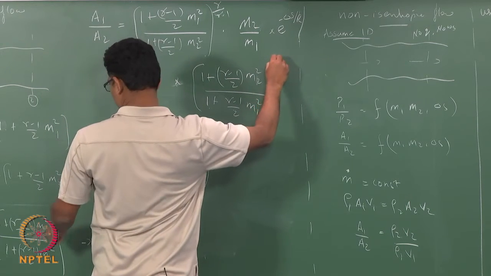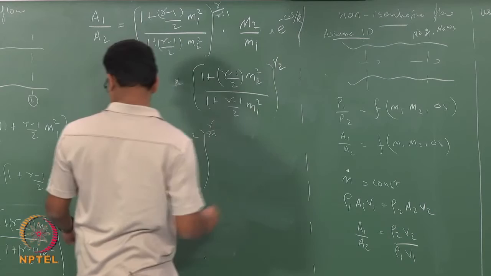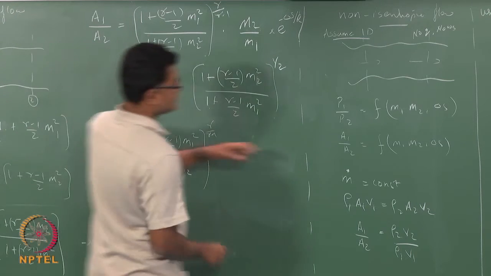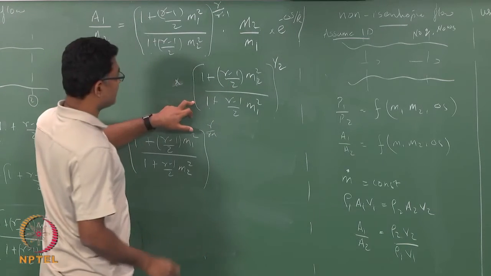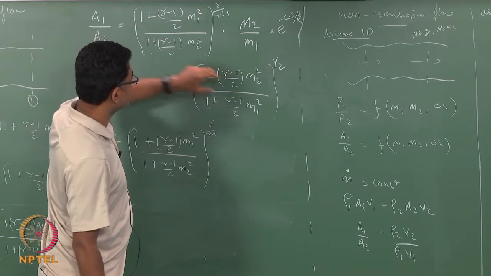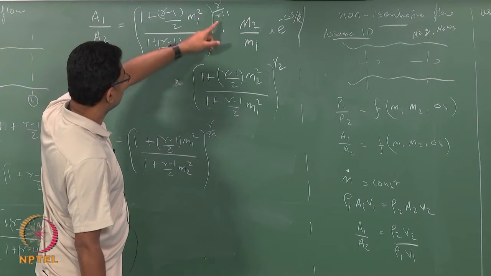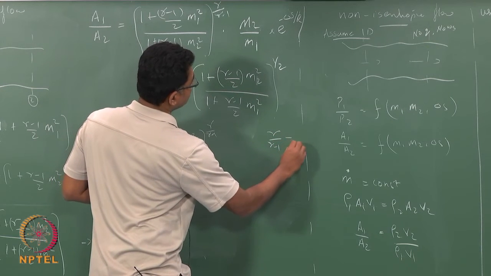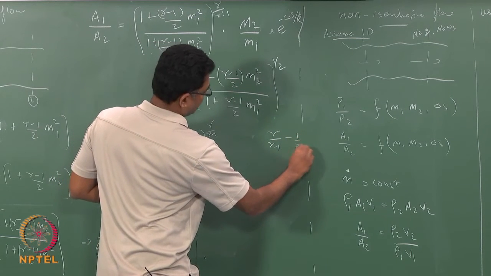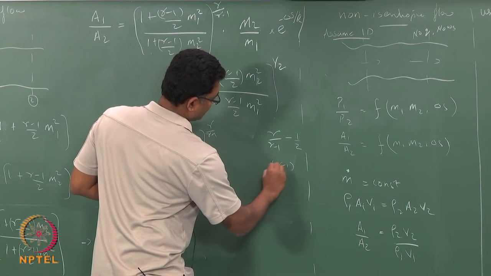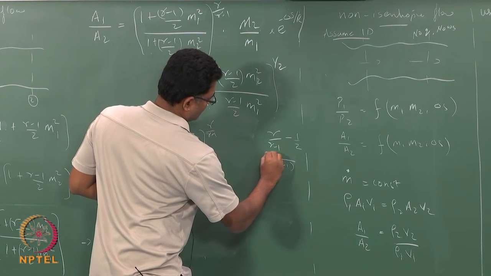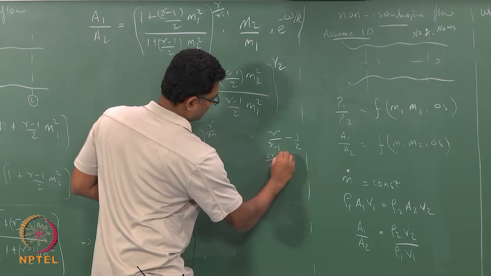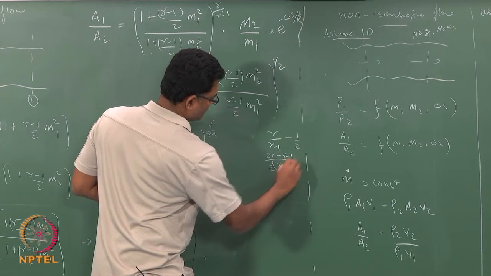There is a 1 by 2 here, there is a 1 by 2 there, that is root of T1 by T2. So, this would be minus 1 by 2. So, gamma by gamma minus 1 minus 1 by 2 would be gamma minus 1 into 2 gamma minus gamma plus 1.